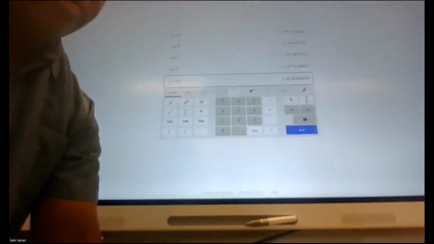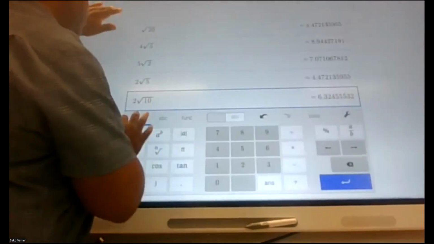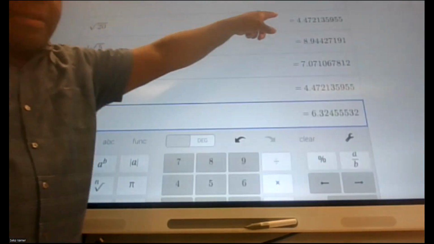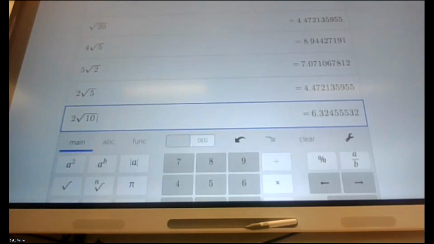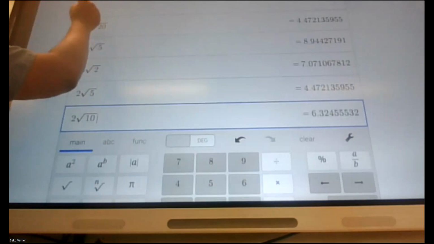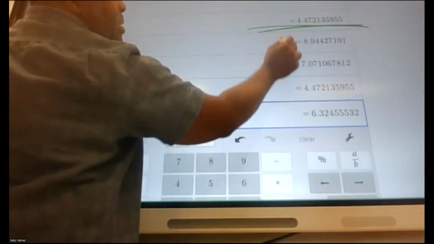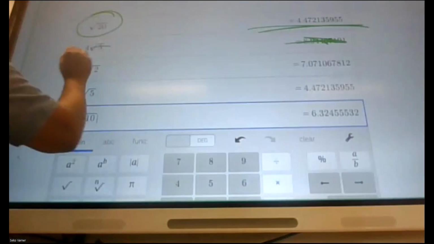So what you're going to do is just plug in the square root of 20, and that tells you that that should be the answer. Square root of 20, this is the answer. And so now we try the other options. They gave us 4 radical 5, but that's not the same, so I'll get rid of that.